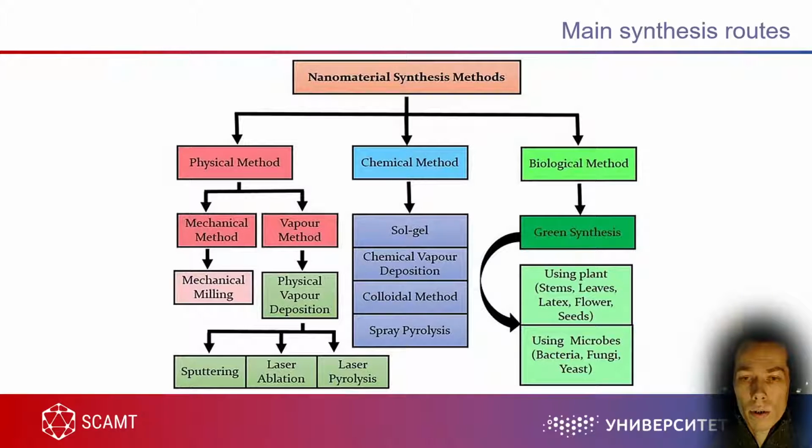If we look at physical methods, there's a big group. Let me turn on the laser pointer. It's a big group of methods involving different laser methods like laser ablation, laser pyrolysis, and also sputtering. Sputtering is the same as the sputter coater you used in our lab to provide a coating for the scanning electron microscope.